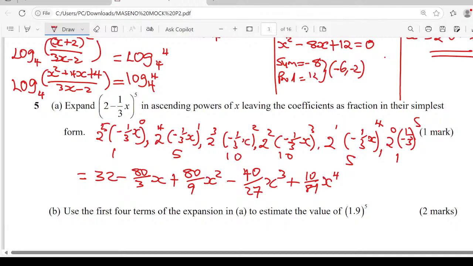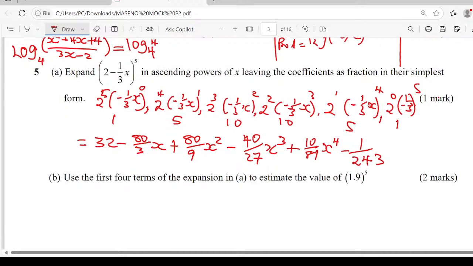Negative a third raised to power 5 gives minus 1 over 243. That is our expanded form.